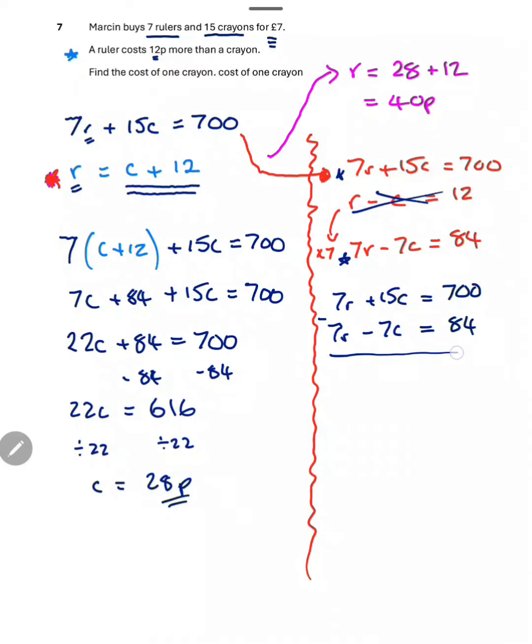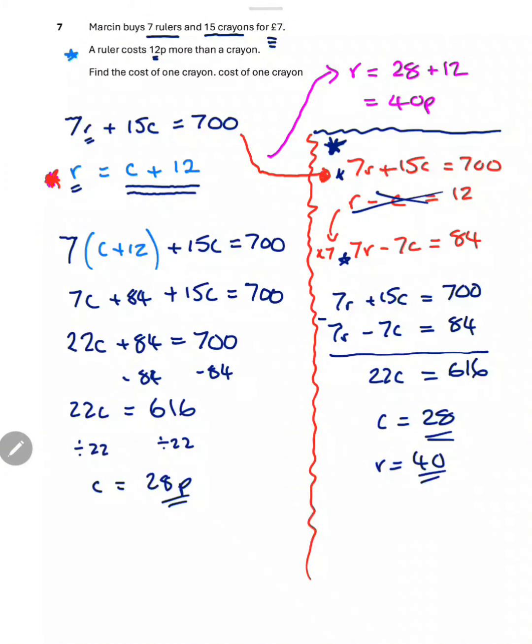We'll now do a subtraction. 7r take 7r is gone. 15c take negative 7c will be 22c. And 700 take 84 is 616. You're going to get the same c is 28, and then you get the same r is 40. Just showing you that separate method, just in case this is the only method you've ever been shown. Some secondary schools do only stick with one method for solving simultaneous equations.